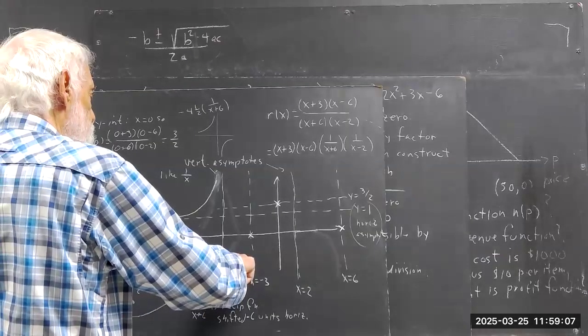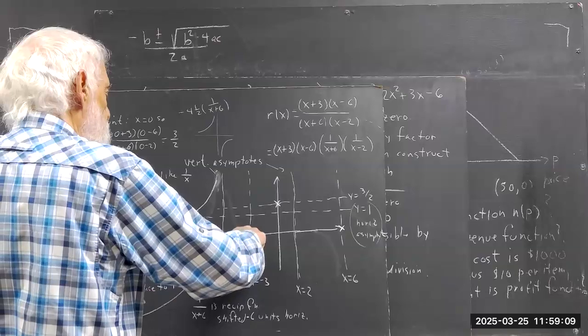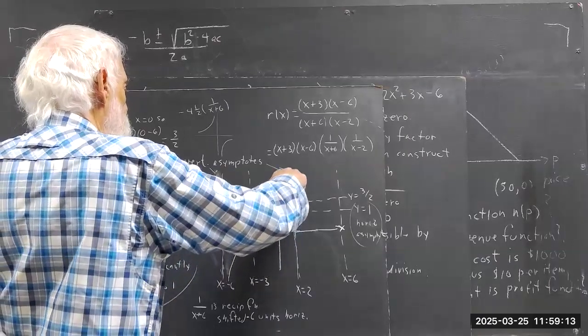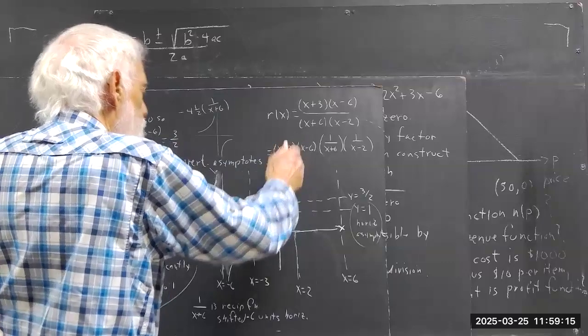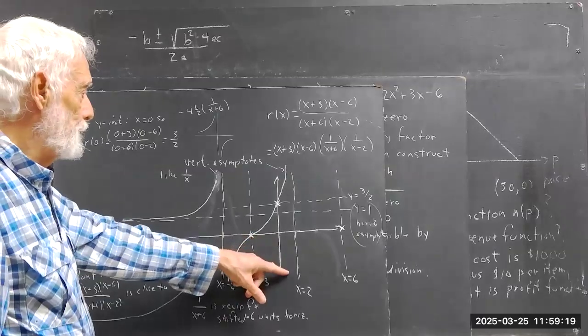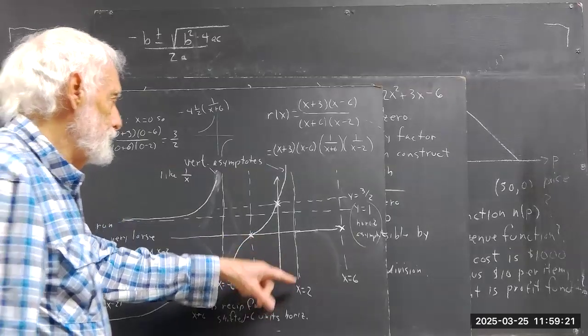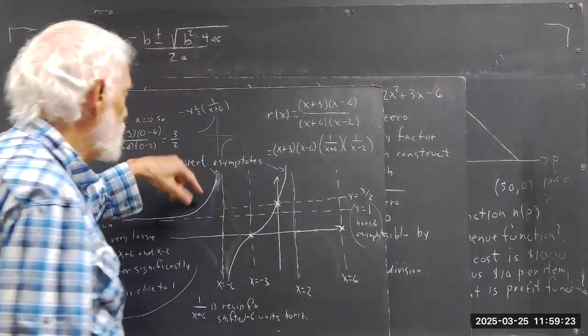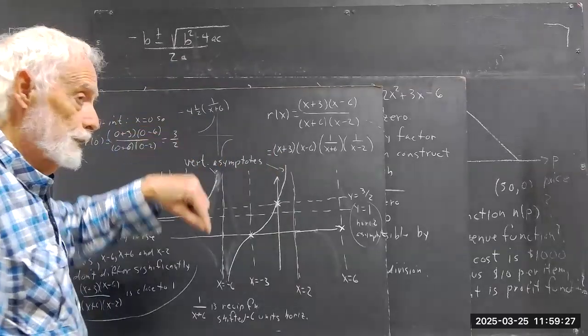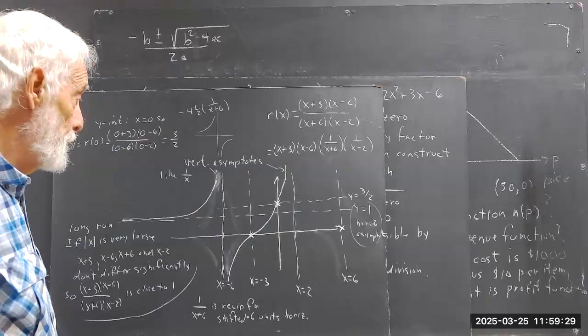We come up from down here, and then we go back up like this and approach this y-intercept. Because remember, both of these vertical asymptotes are like reciprocal x functions.